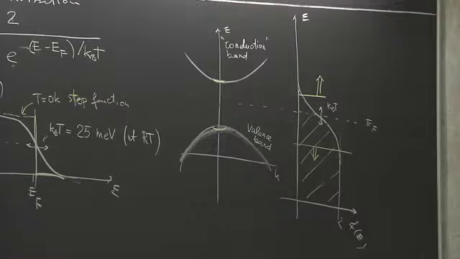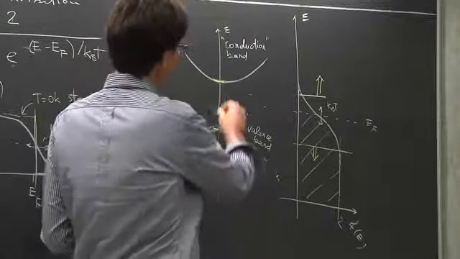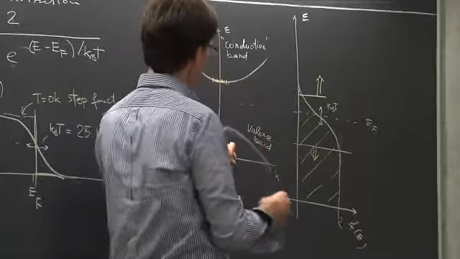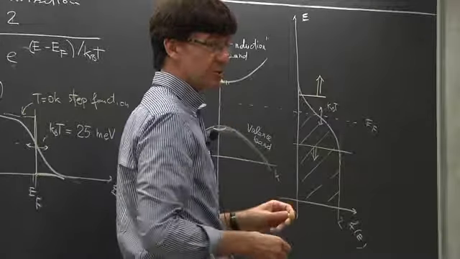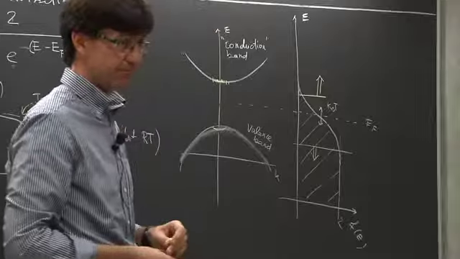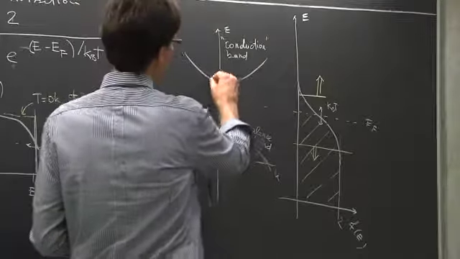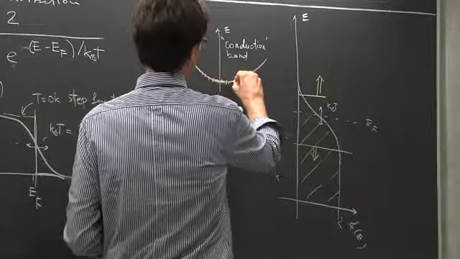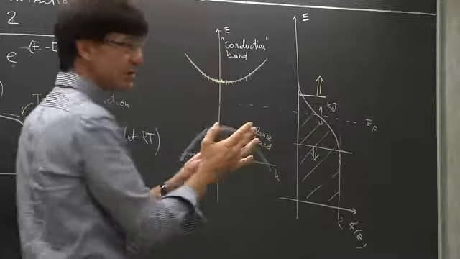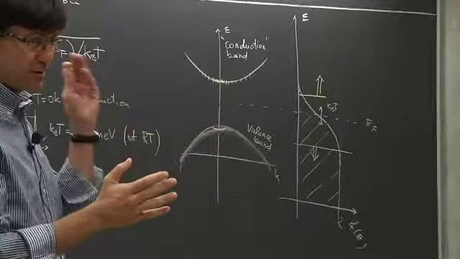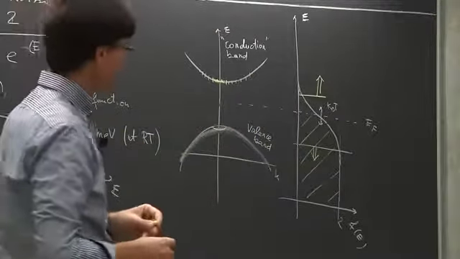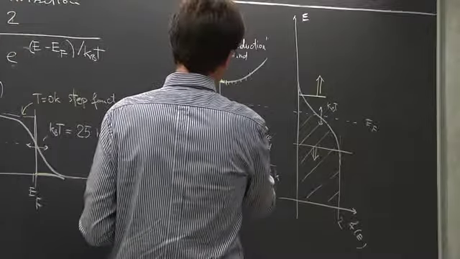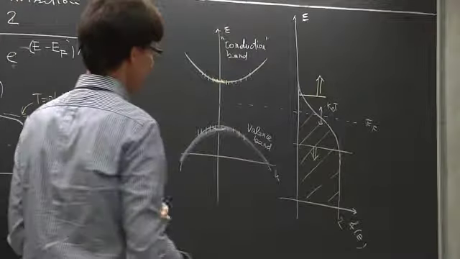Now, this is only partially true as an argument, and the reason is that the number of states that I have here might be different from the number of available states that I have here. Remember that the way we counted the states was assuming a uniform distribution in k-space. You might remember the discussion we had some time ago. So the distribution of states is uniform in k-space.